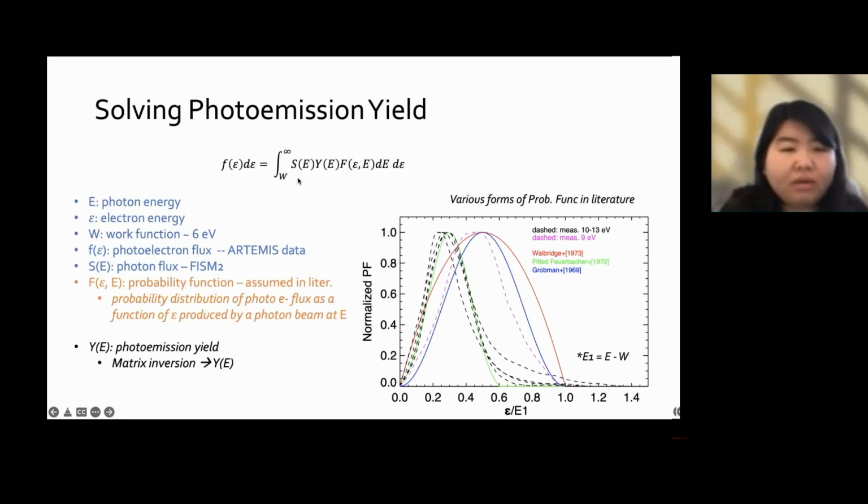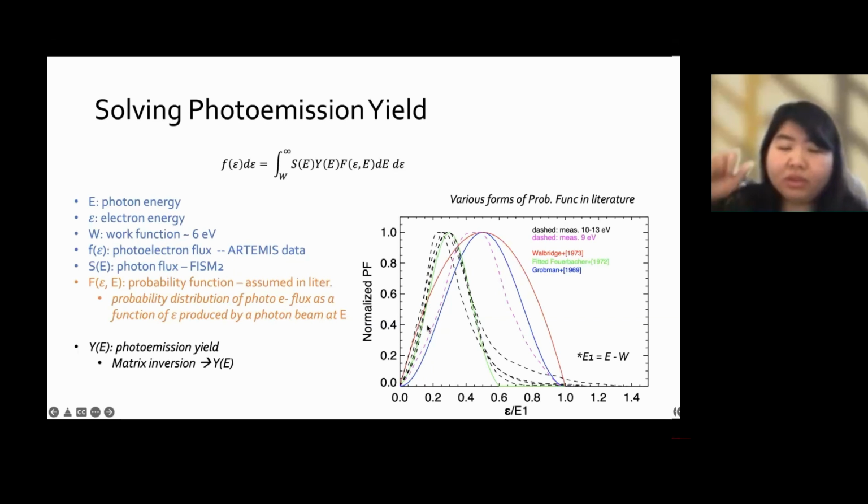Now the photoelectron flux is measured by ARTEMIS, and the solar irradiance is provided by the solar irradiance model FISM 2. If we know the probability function, we can solve for the photoemission yield by doing a matrix inversion. But you see, I highlight this probability function in yellow because this function is only measured in the lab for less than 20 eV, but it is unknown at high energies.